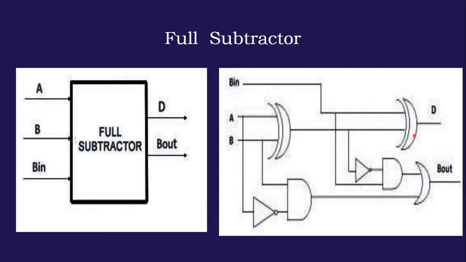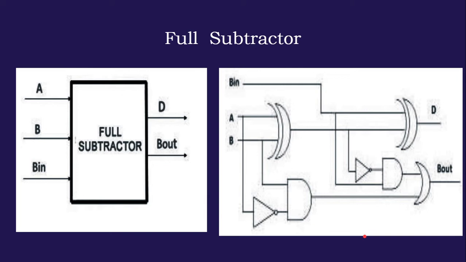And how is the borrow out formed? The borrow out is formed by using the OR gate, which takes the values from two AND gates. This AND gate and this other AND gate give the inputs to this OR gate to find the borrow out.